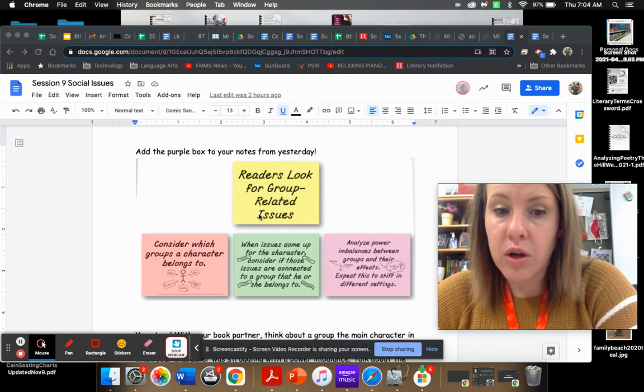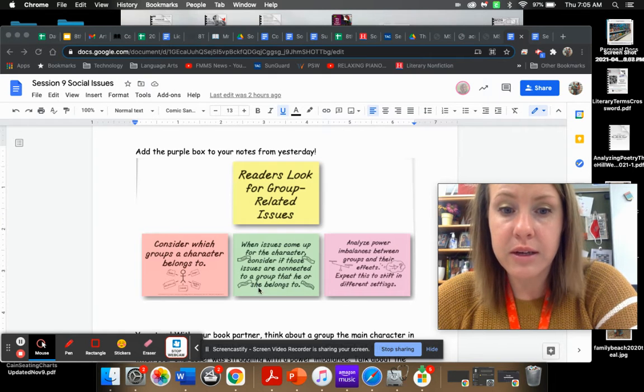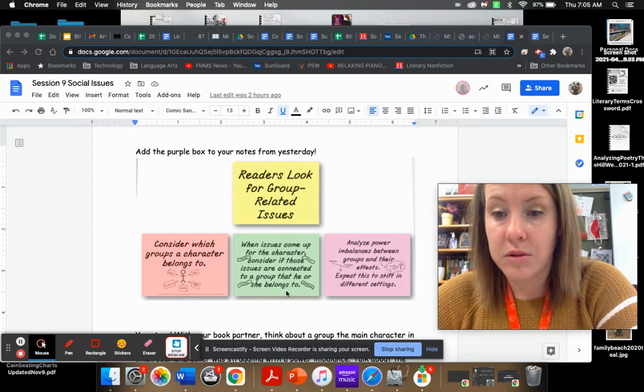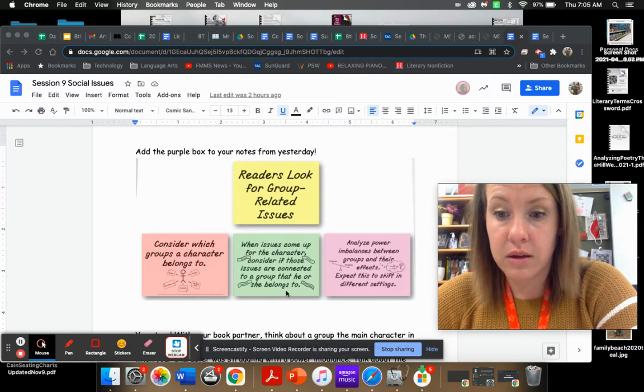We want you, as a reader, while we're looking at issues related to groups, to do a couple of things. Yesterday we looked at, first of all, figuring out what groups they belong to. Then we looked at, when the issues come up, are those issues connected to the group that he or she belongs to? So the issues that Francisco is interacting with, those issues are because of his Spanish-speaking group, right?